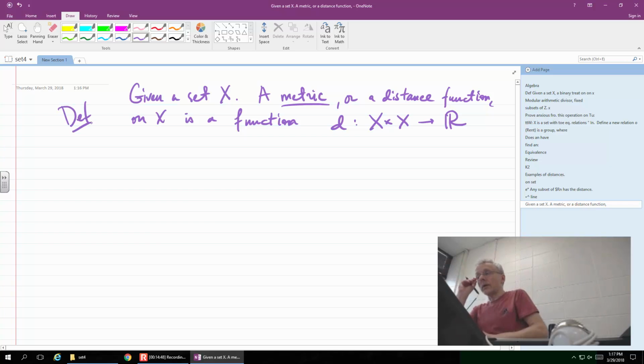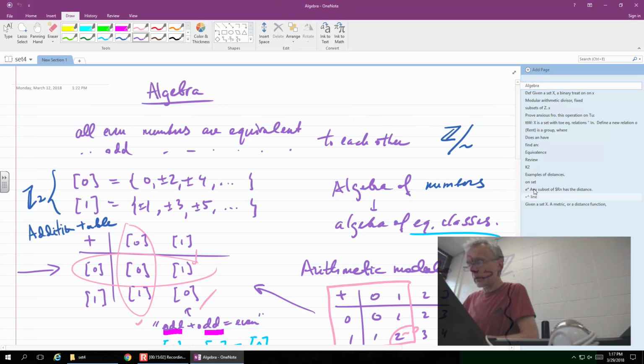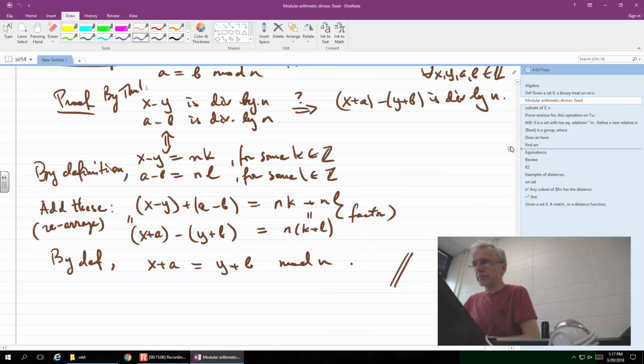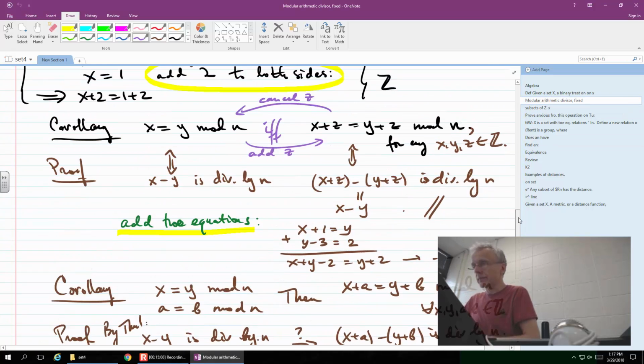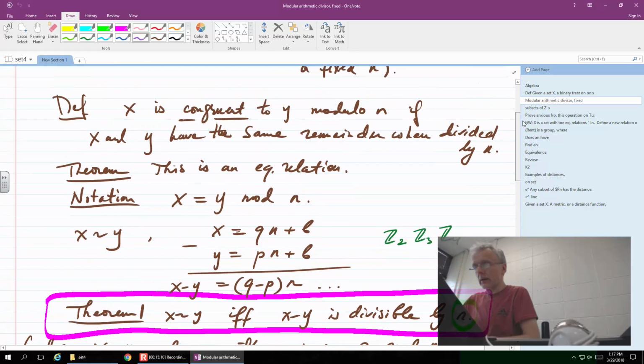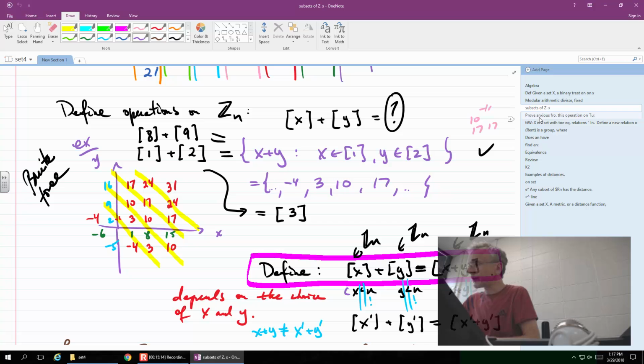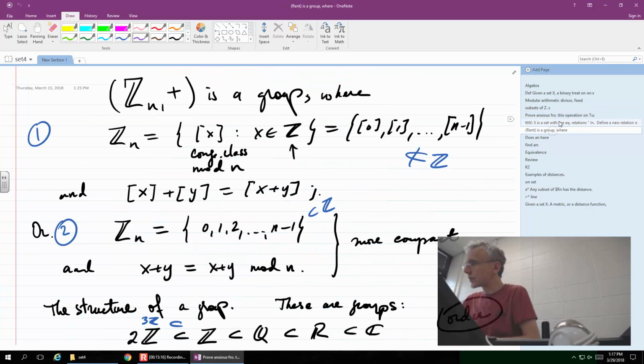So we proceed in the same manner as we did with groups. Remember, a group, a set with an operation, which also was, remember, a function of two variables. I kind of forgot that we already faced that problem, just not recently, when we talked about groups.